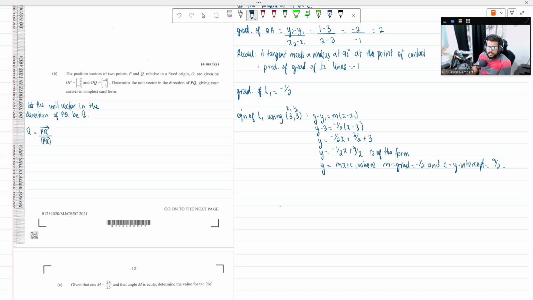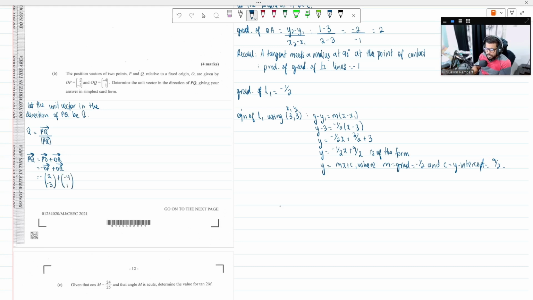So first, let's get PQ. PQ is going to be PO plus OQ, which is equal to negative OP plus OQ, which is equal to negative OP, which is 2 minus 3, plus OQ, which is minus 4, 1.